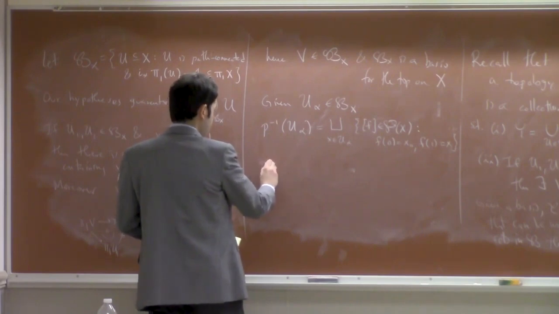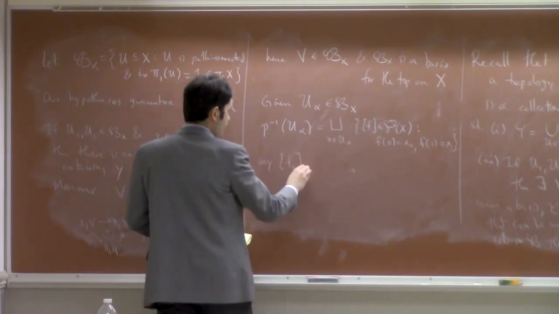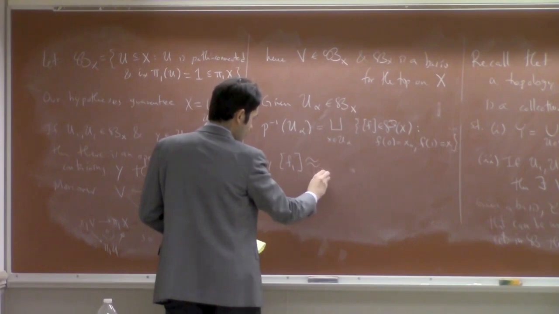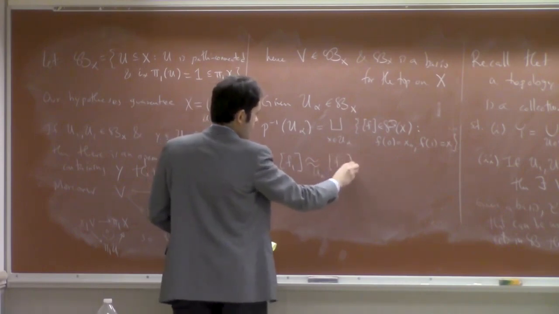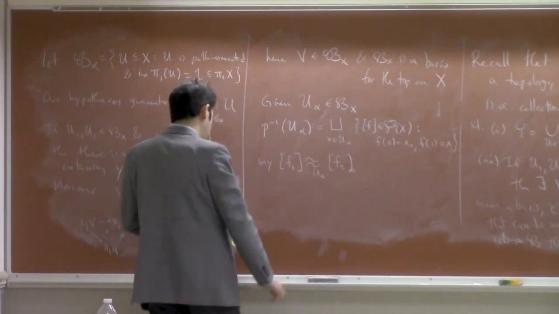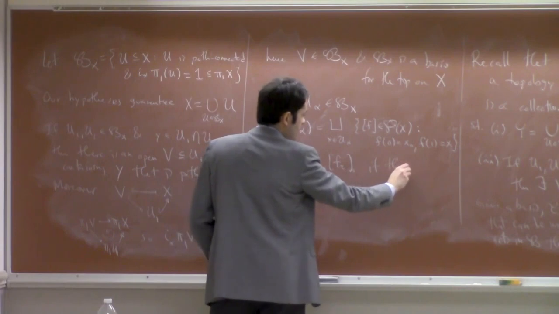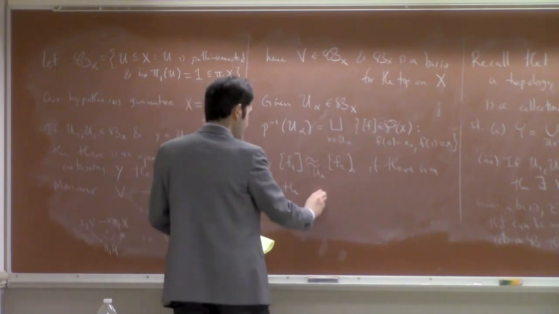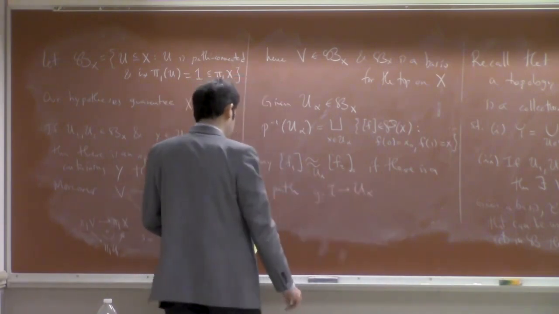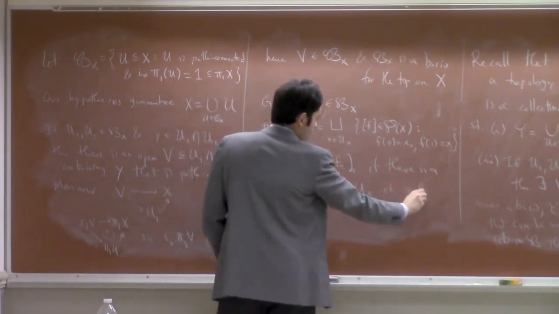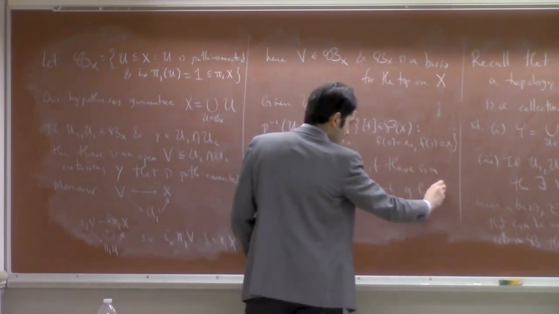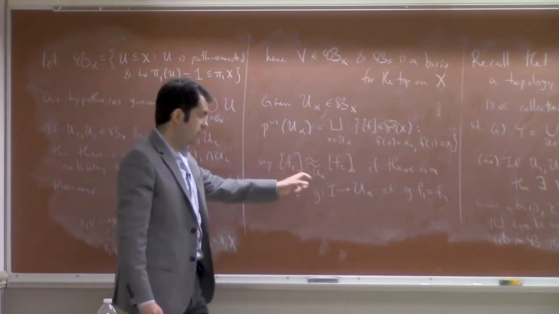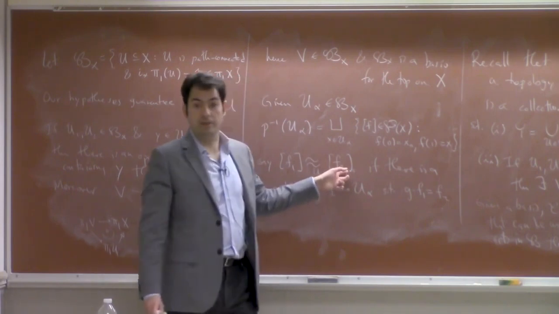So what we're going to do is define an equivalence relation here and look at the equivalence classes under this relation as these slices. So let's say that two elements of this inverse image are equivalent in U alpha, or with respect to U alpha, if there is a path contained entirely in U alpha such that the composition, the concatenation of a representative here with G gives you a representative here, right?